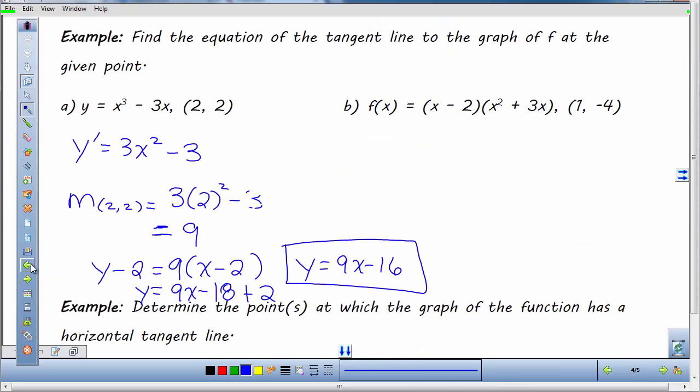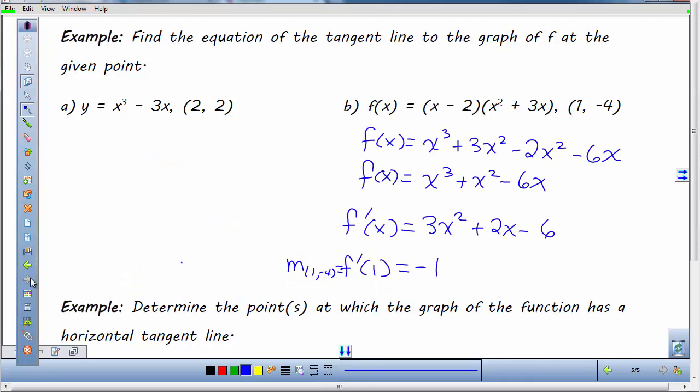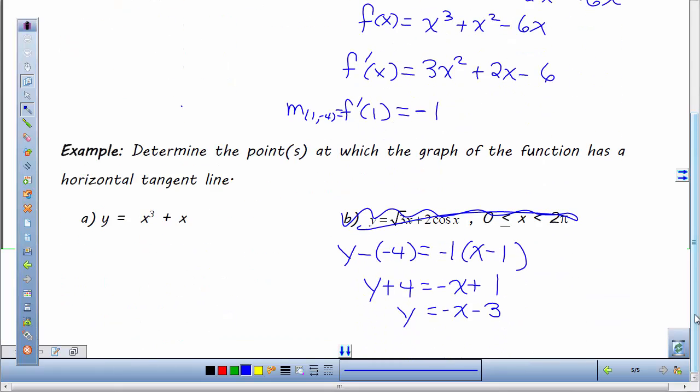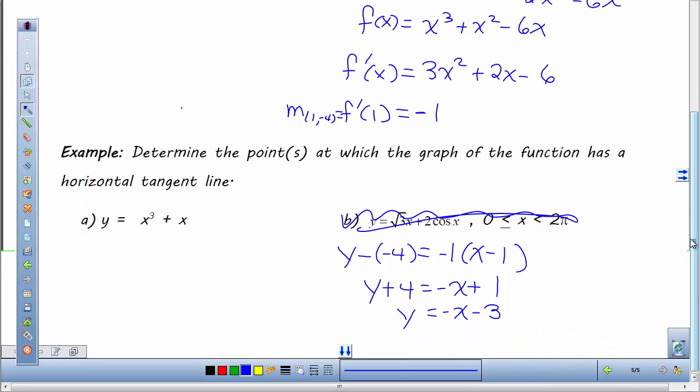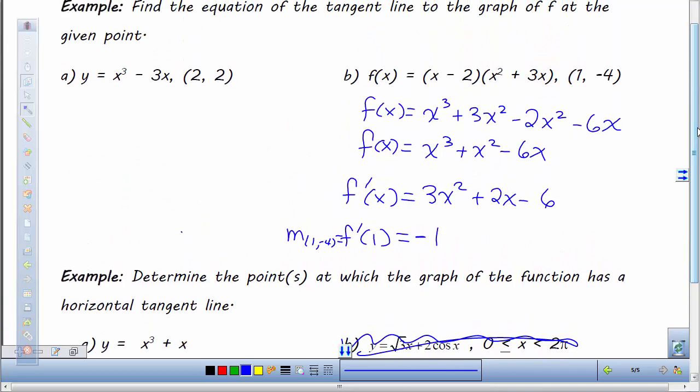You mean over here? No? Oh, my answer's down here, sorry. No, this is the equation of the tangent line. This is it. So if we were to graph this equation and this equation, the line should just brush this function at the point 1, negative 4.